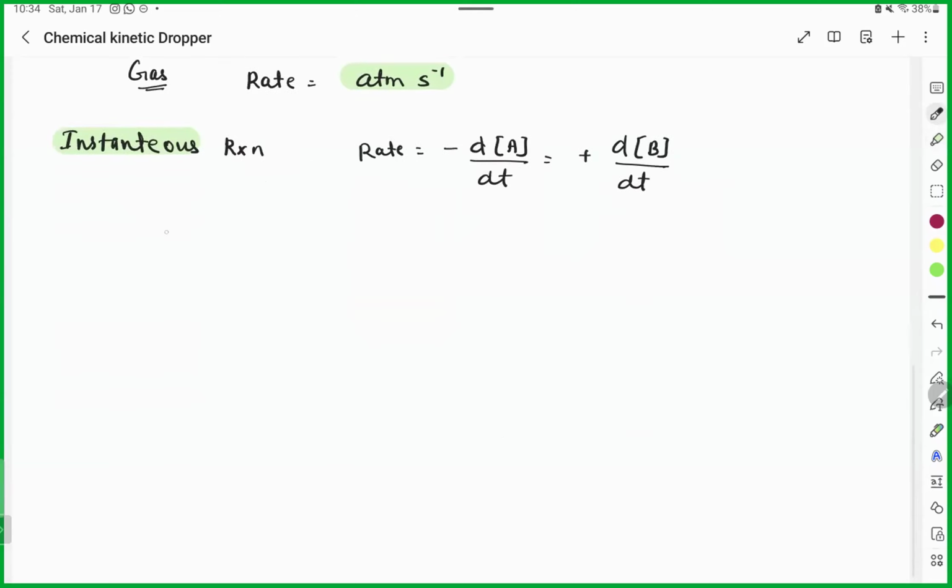Example, we are expanding further. If N2 reacts with 3H2 and forms 2NH3, Sarah, how should I write the rate of the reaction?